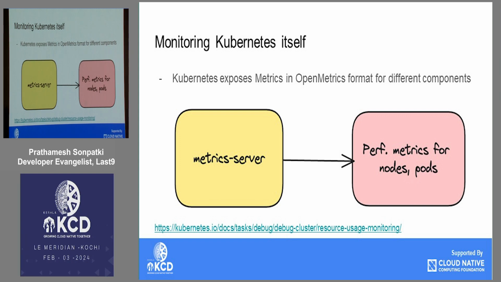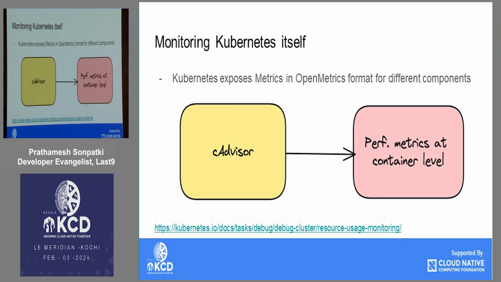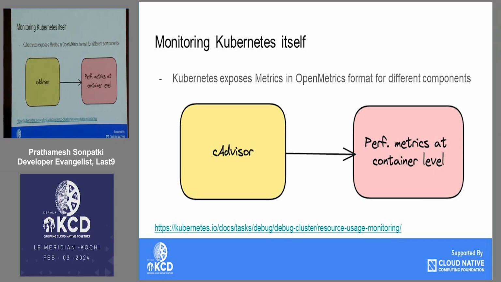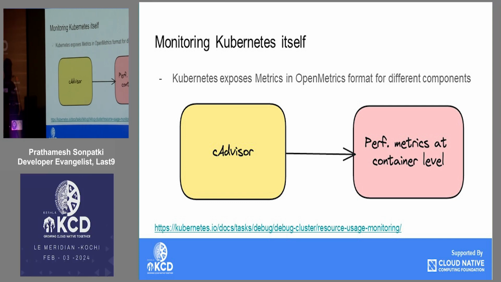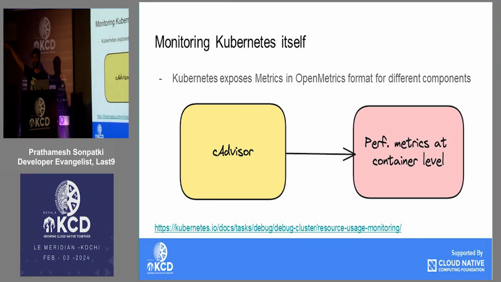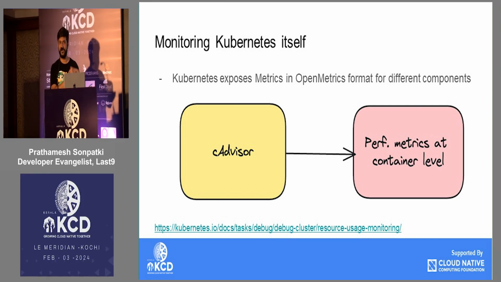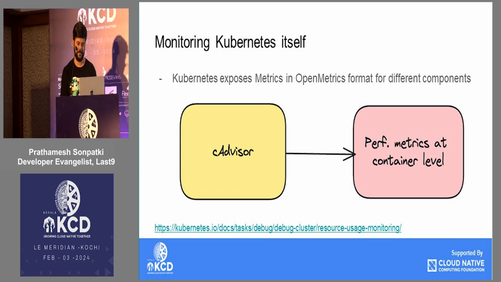There is metrics server which basically emits all the performance metrics, like what has been the CPU utilization, what has been the memory utilization for especially nodes and pods. Then there are cAdvisor metrics, which are all about container level performance metrics, right? Because Kubernetes has these pods, nodes, containers, there are different components that emit metrics for each of those.